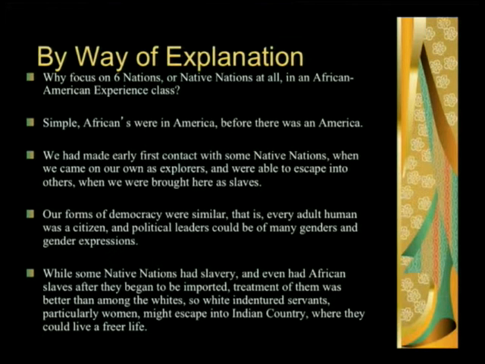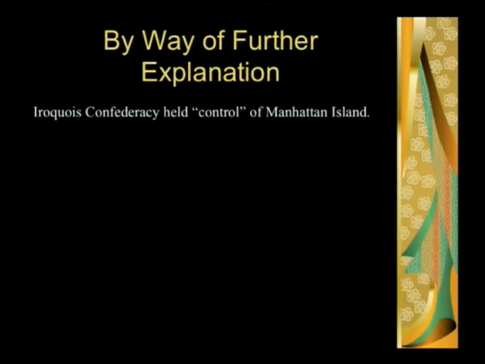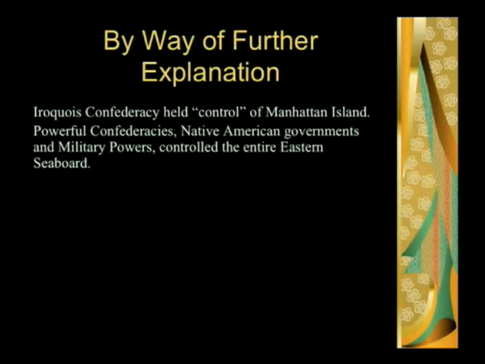I mean, not keep people from escaping, not so much keeping the Indians from that part of the island, because obviously you're surrounded. How are you going to keep people off? So the Iroquois Confederacy, if you want to, for lack of a better word, had control of Manhattan Island.